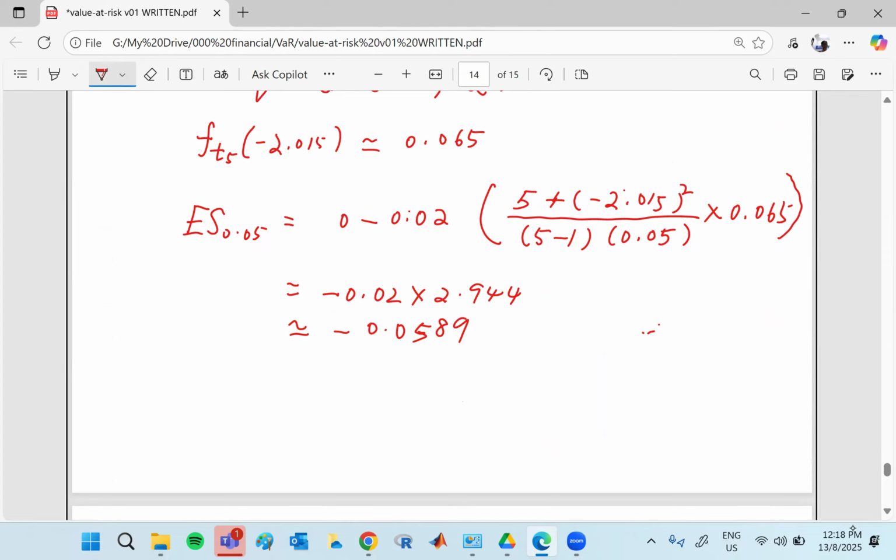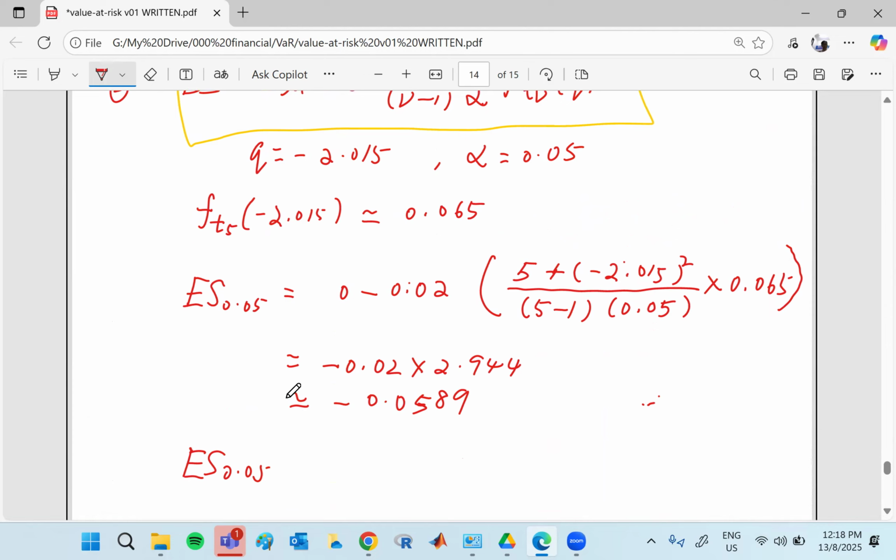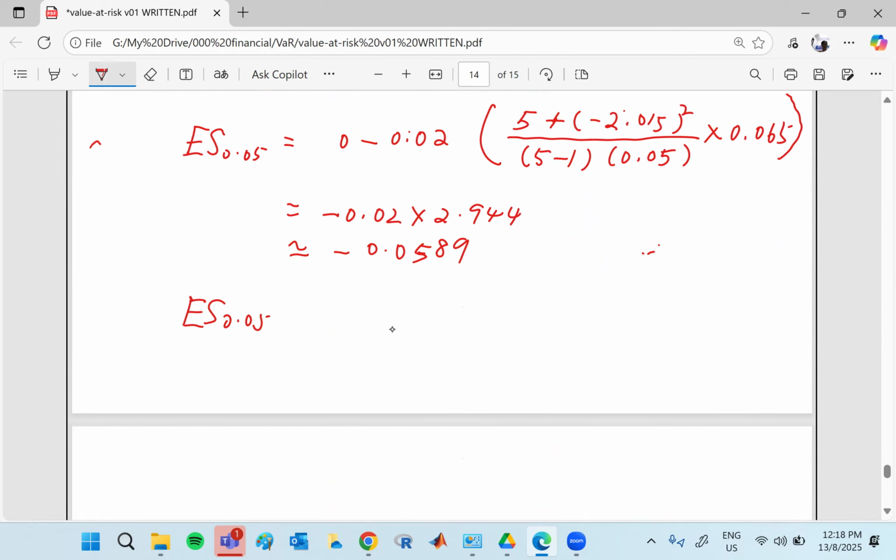Of course this one is a quantile, so this is the value of ES. We just multiply by the $10 million, so this is 589,000.